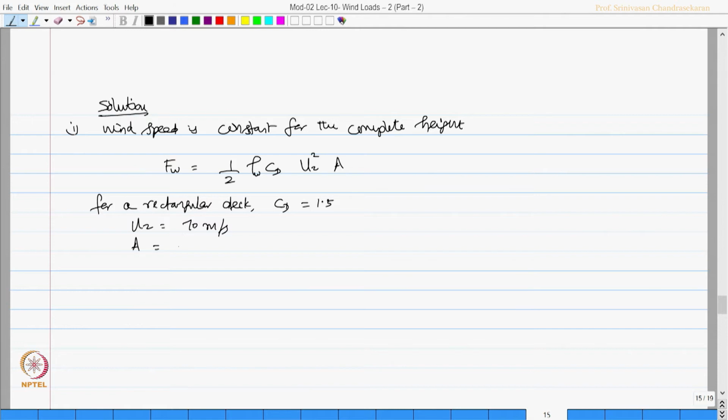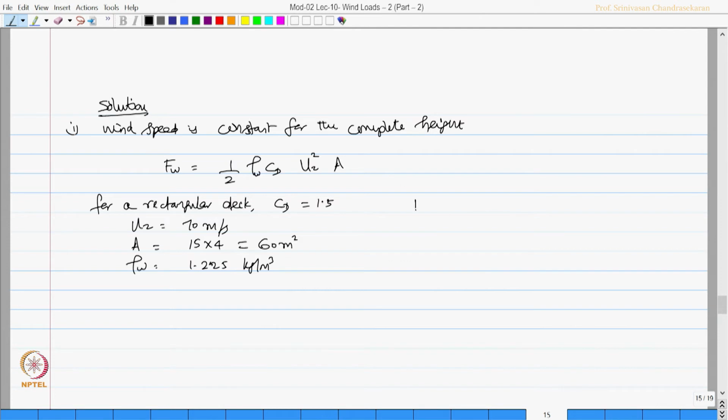So, it is going to be 15 meter by 4, which is 60 square meter, and we know density of wind, we already said that, 1.225 kg per cubic meter.